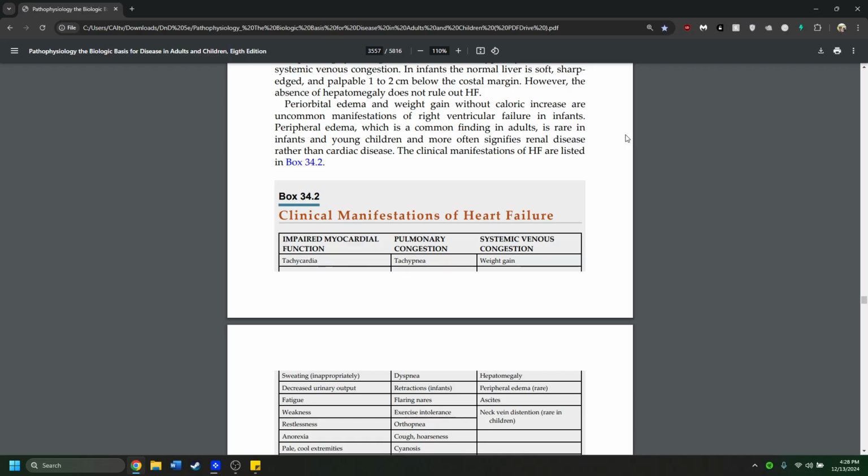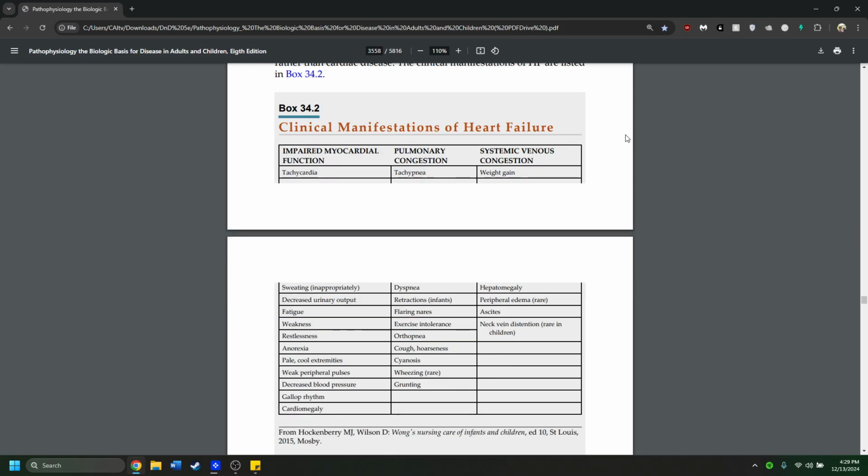If due to our heart failure we have a decreased urine output, our pulmonary sign shows retractions, and systemically it may show peripheral edema, which is extremely rare. If, however, our cardiac symptom is fatigue, we may see some nasal flaring in our pulmonary aspect, and systemically, overall ascites.